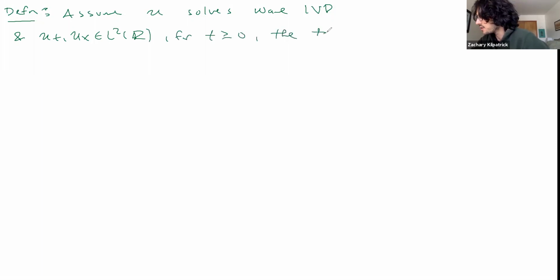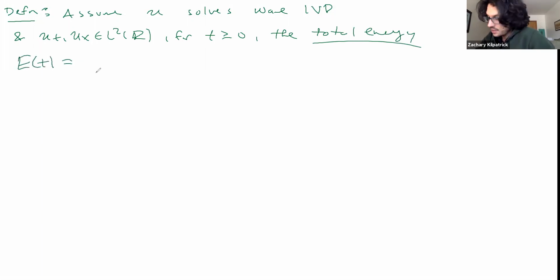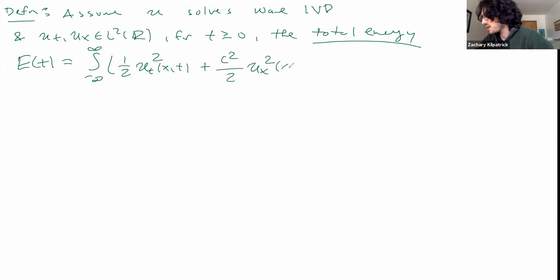Okay, then the total energy is defined as E of t equal to the integral from minus infinity to infinity of 1/2 u_t squared plus c squared over 2 u_x squared, integrated with respect to x, is finite, okay?